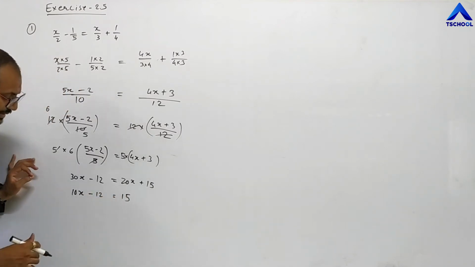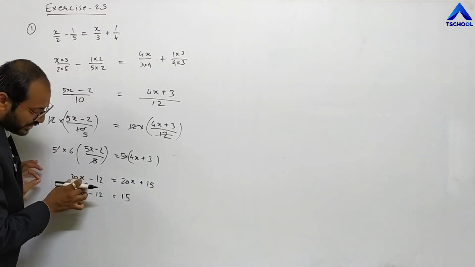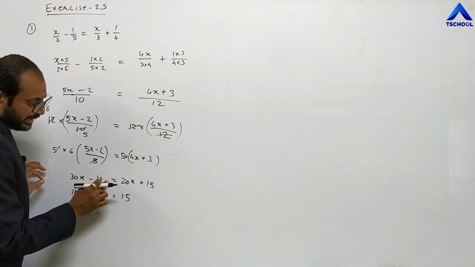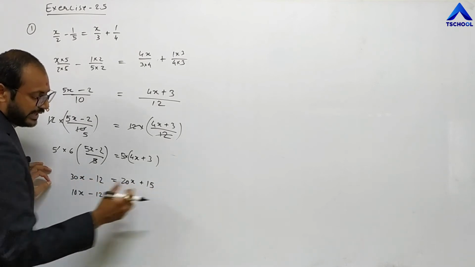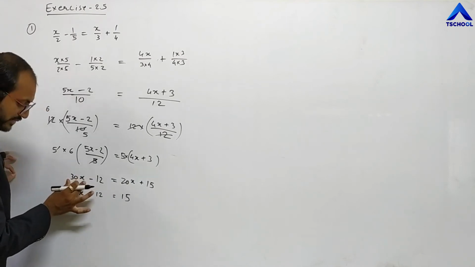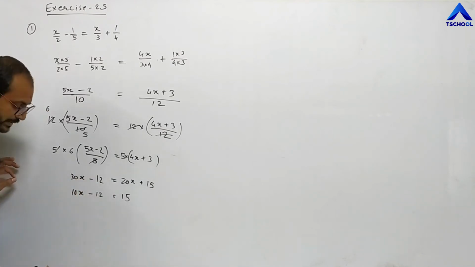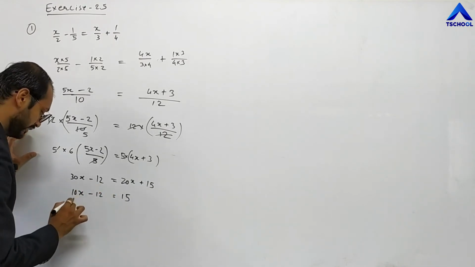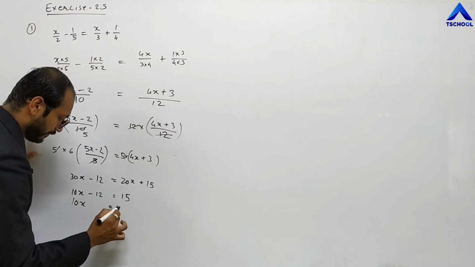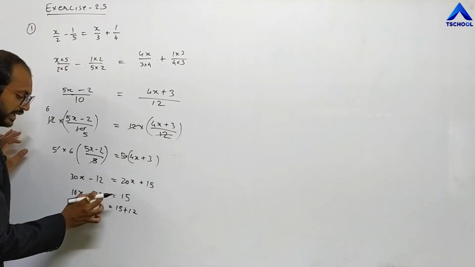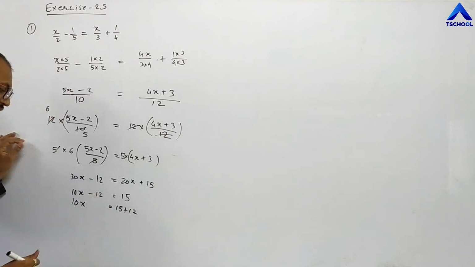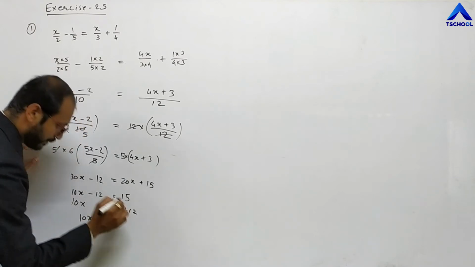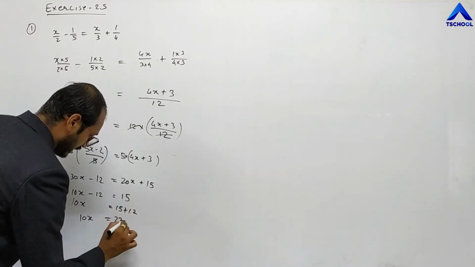Got it? Here, minus 20x and plus 20x became 0, and 30x minus 20x gives 10x. Now let us add 12 on both sides. 10x equals 15 plus 12, because minus 12 plus 12 is 0, and plus 12 remains as it is. 10x equals 27.